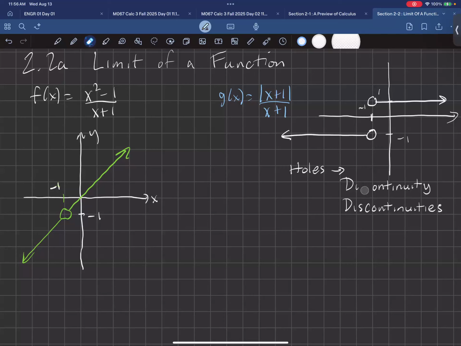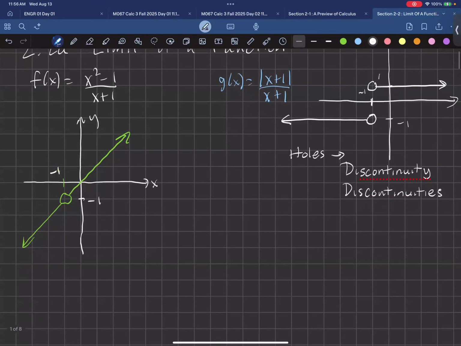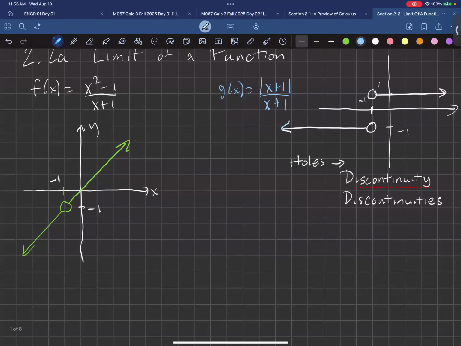And we'll talk more about discontinuities. I want to say it's 2.4, 2.5. But this is this graph right here. Maybe I'll make the graph match the color of the text. I'll overwrite this with green real quick.